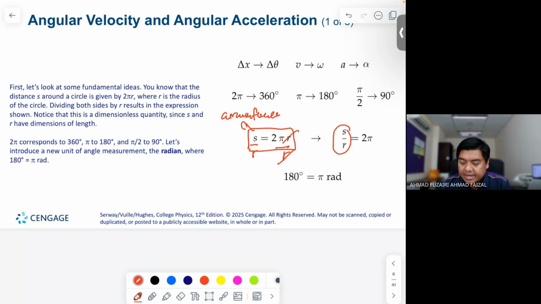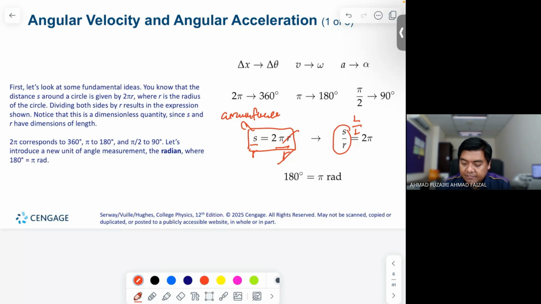Why do we need to do that? Because we want to make sure what is the unit for pi. It just says that this is a dimensionless quantity, since s and r have the same dimensions as length, which means s over r is l over l. So as you know, 180 degrees is equivalent to pi radian.